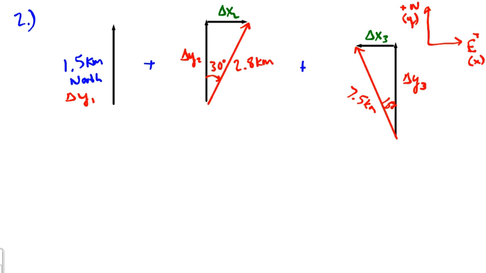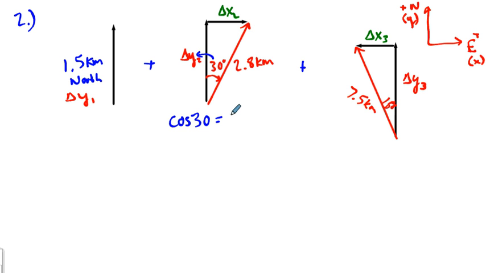All right, let's do all the y's first. For the second motion, we've already got the first one done. It's only one dimension. We don't have to split it. The second one, the y direction is adjacent to this angle, right next to it. Adjacent divided by the hypotenuse is equal to cosine of theta.